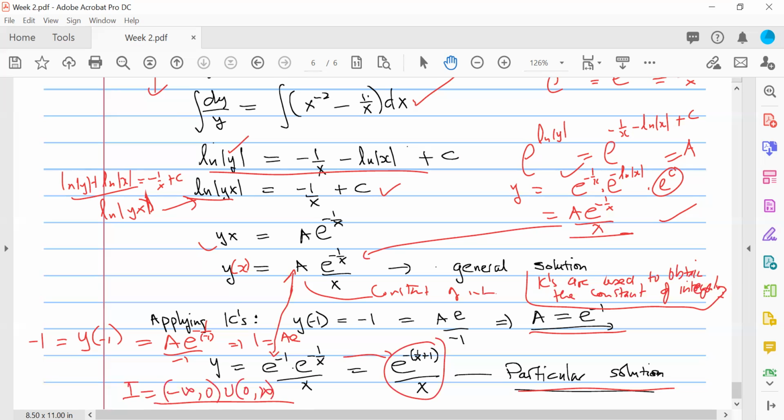Some will have trigonometric functions, some exponential functions, a mixture of those, and the technique actually lies in identifying that it's a separable equation. That's number one. Number two, separating the variables. Number three, applying integration. And number four, wherever possible, applying the initial conditions.